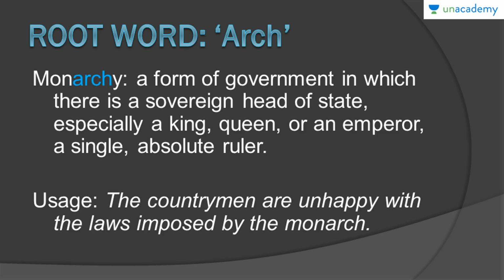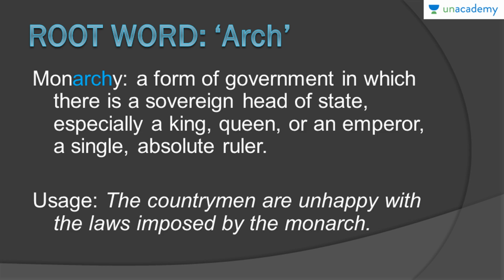Anybody can be a ruler, but there will be a single ruler who has the absolute power for ruling that country or the realm. The monarch is that one single ruler who is ruling the country or the realm. He can be a man, she can be a woman also.